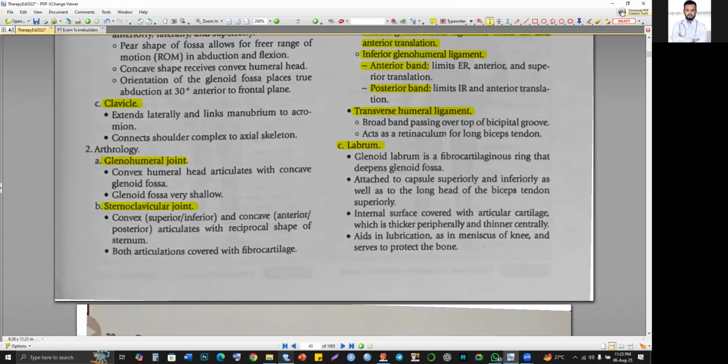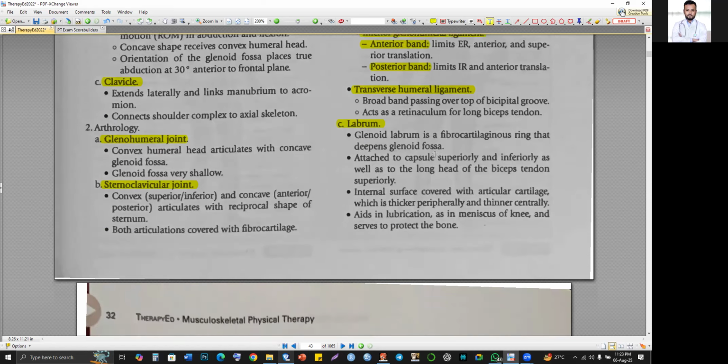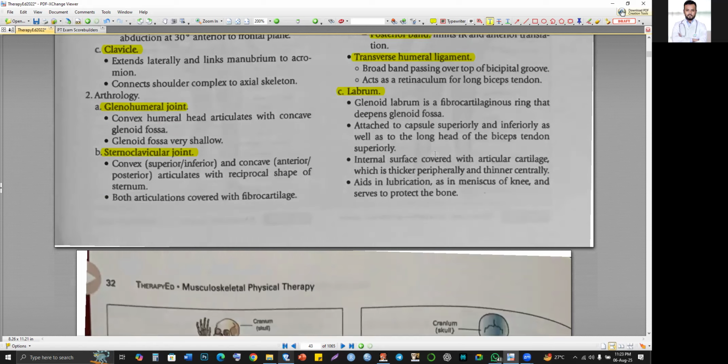Transverse humeral ligament, this is a broad band passing over top of bicipital groove, acts as a retinaculum for long biceps tendon. So now come to the point of labrum, which is a very important topic or structure of the shoulder region.